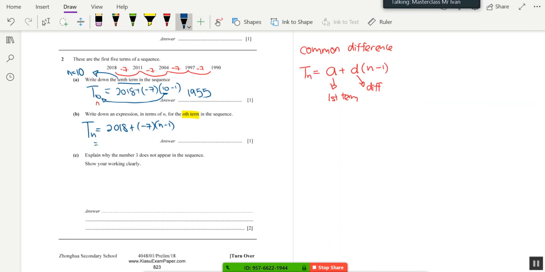Always open it up. 2018 minus 7n, I multiply this to him, multiply this to him, plus 7. So I will get 2025 minus 7n. So write down, Tn is equal to 2025 minus 7n.